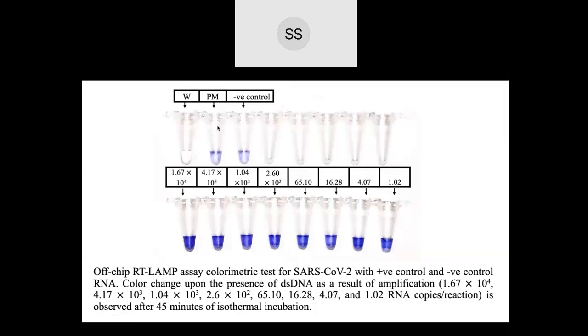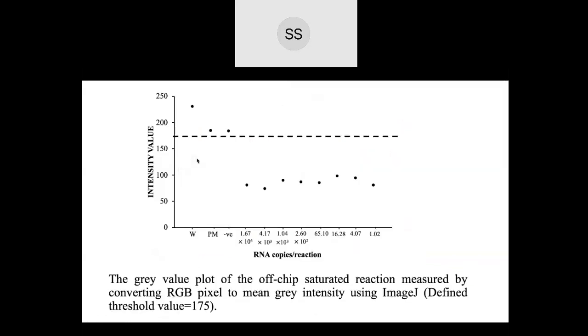At the same time, no coloration was observed in the primer master mix reaction, validating that the primers do not bind to themselves, and eliminating the odds of false positive results.